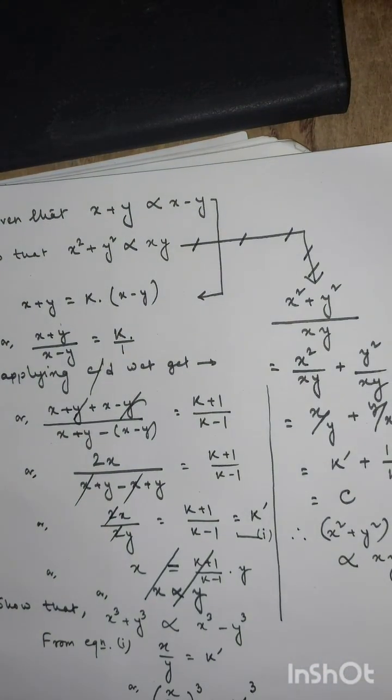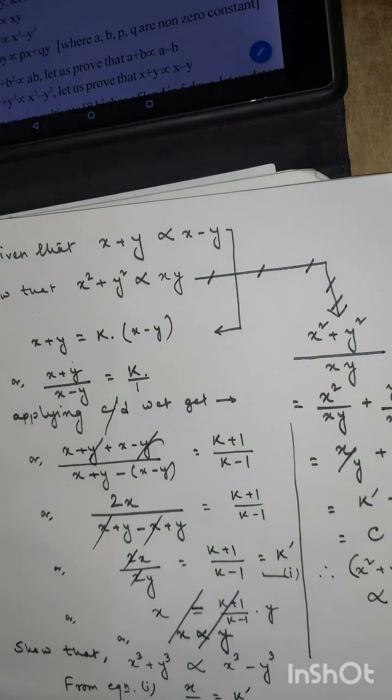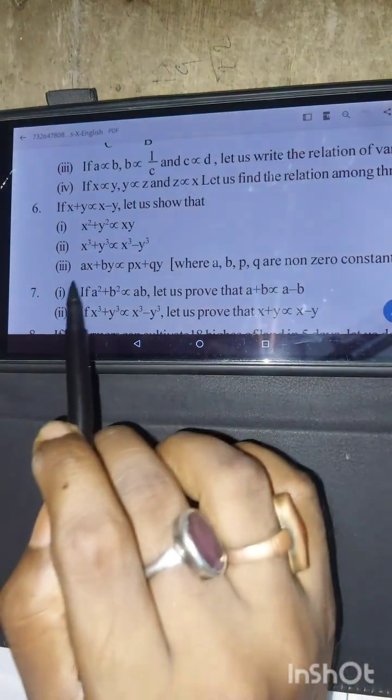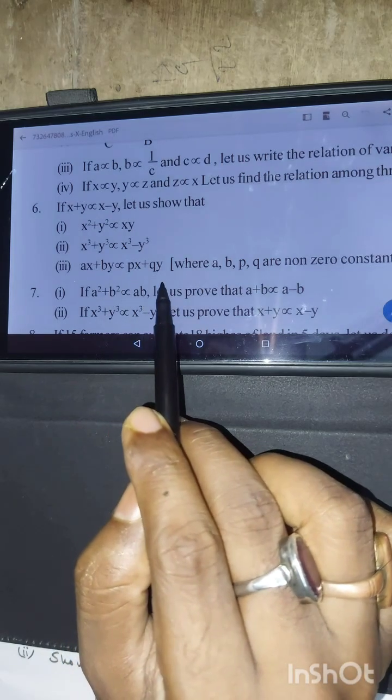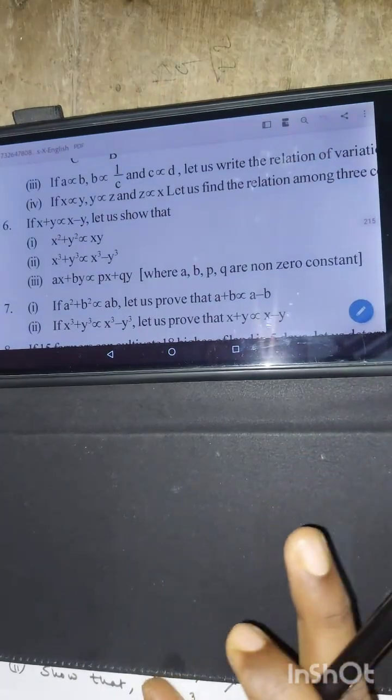Now let us come to the third part of the question, which says we have to show ax plus by varies as px plus qy, where a, b, p, q are non-zero constants.